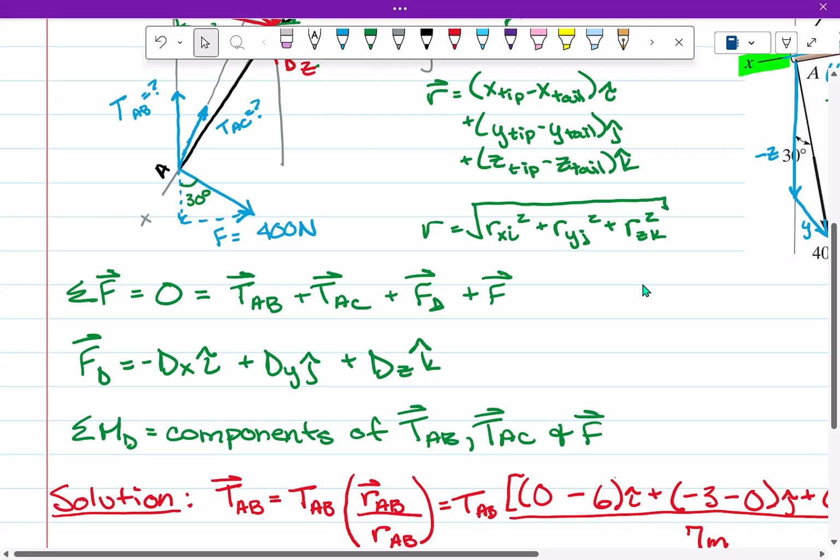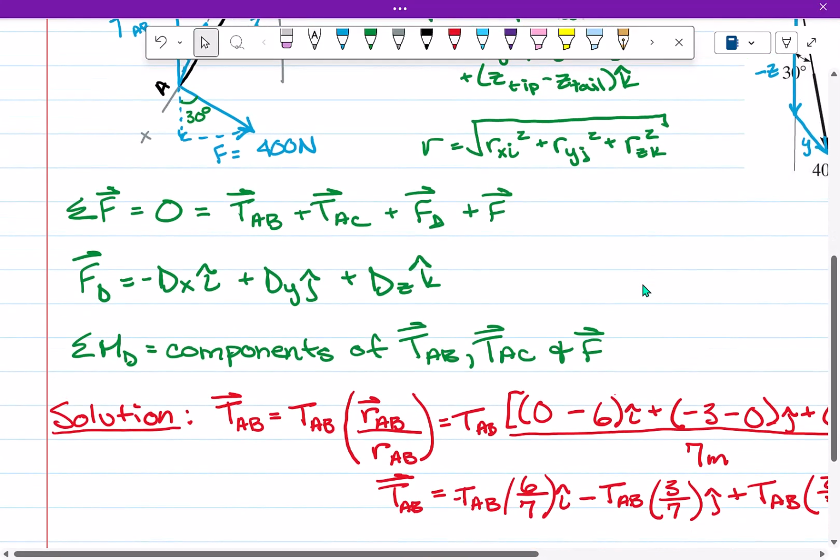Again, we need the vector of our force at D. That's just going to be based on how we drew our reactions. We have negative Dx plus Dy plus Dz, all times their unit vectors in the Cartesian system.